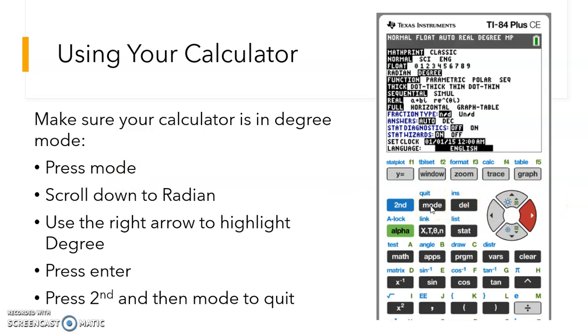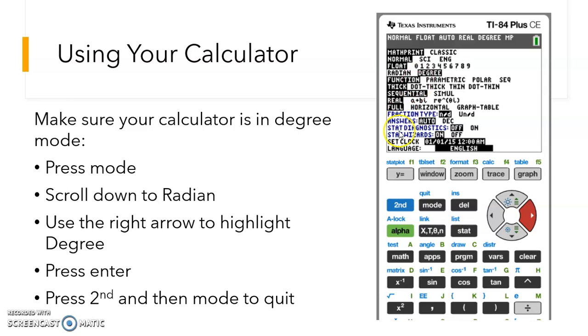You're going to hit the down arrow to scroll down to where it says radian right here. And then you're going to use the right arrow to scroll to degree. And then you're just going to press enter so that the degree has this black rectangle around it.